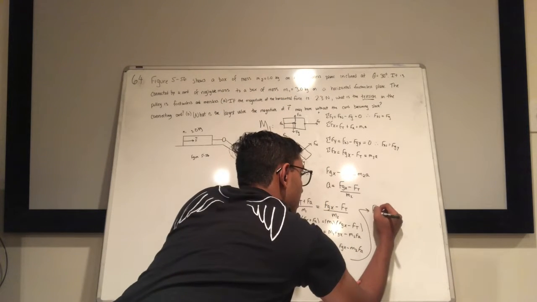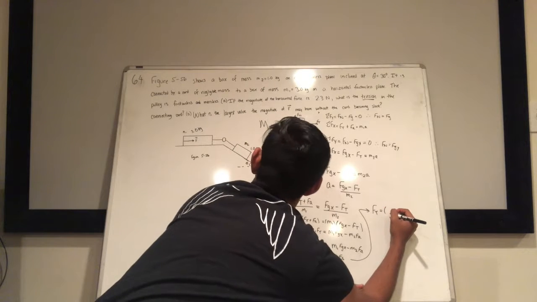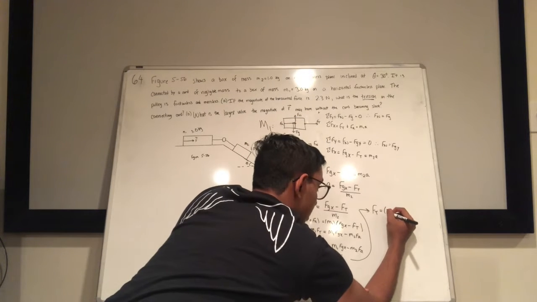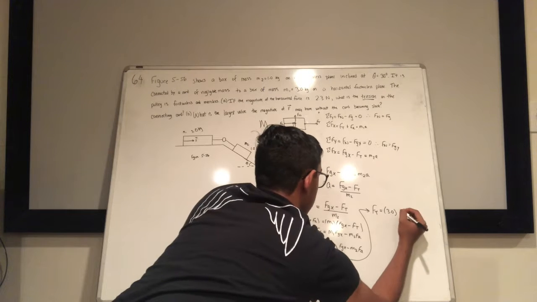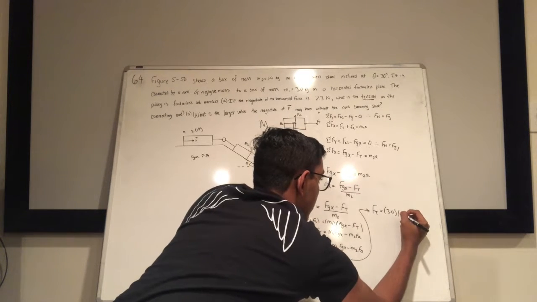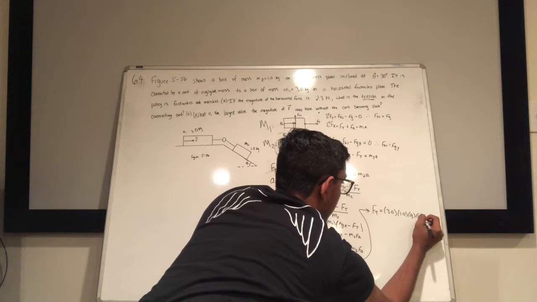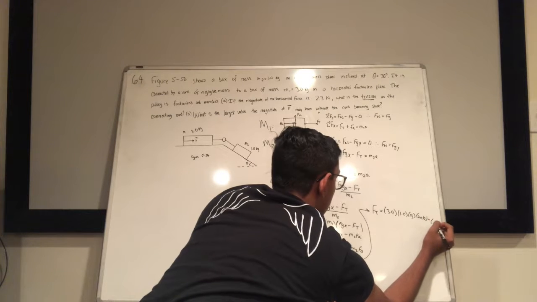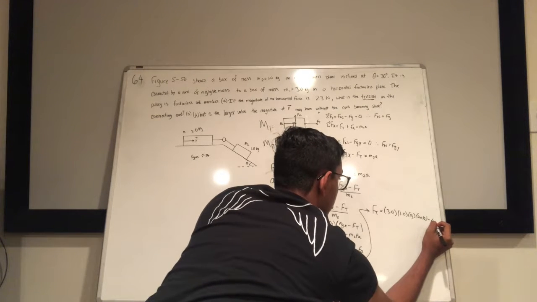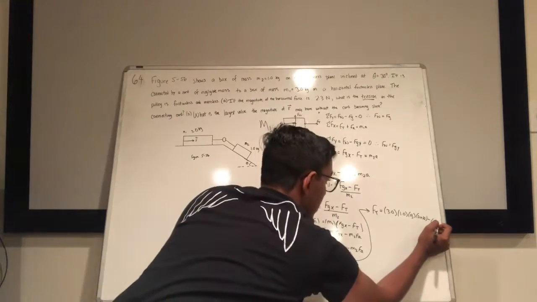So Ft is equal to mass 1, which is 3.0 kilograms, times Fgx, so we need to do 1.0 times g times sine 30, minus M2, which is 1, times force applied, which in this case is 2.3 newtons.